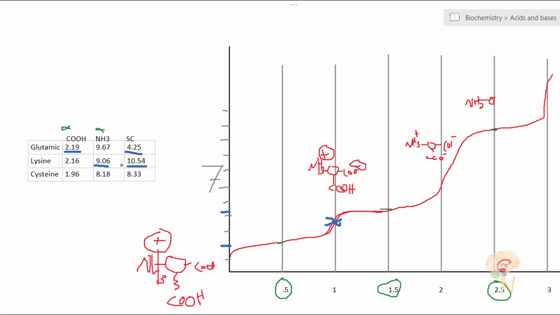Now let's move to this one, which is lysine. I'll draw it in blue. 2.16 is almost the same value here. I'll draw it a little bit higher so they don't overlap. The next value will be 9.06, around here, and 10.54, just a little bit higher right here.